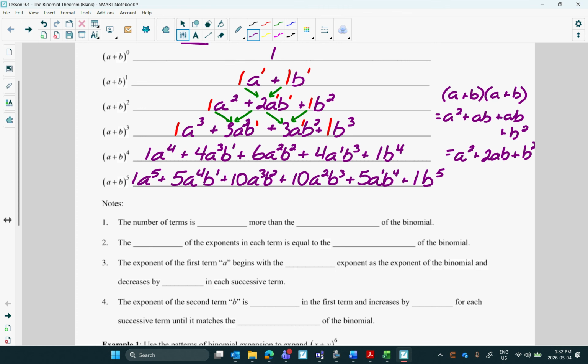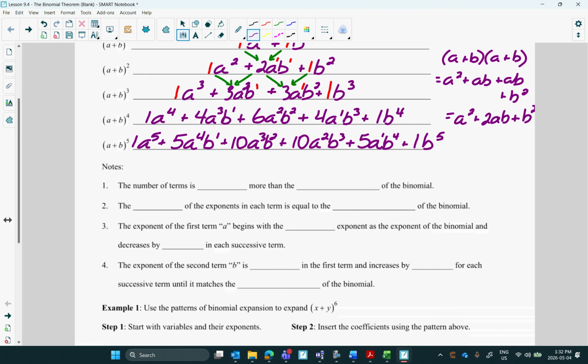So the patterns that you can notice. The number of terms is always 1 more than the exponent of the binomial. So if I take some binomial and raise it to the 10th, there's going to be 11 terms. If I take some binomial and raise it to the 20th, there's going to be 21 terms.